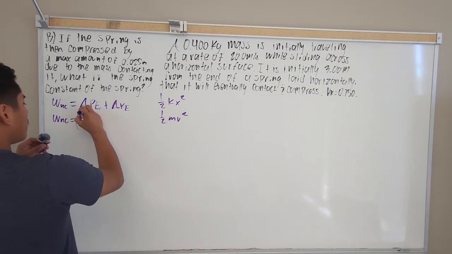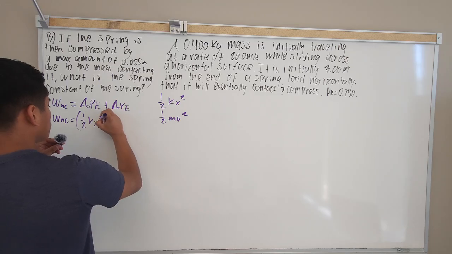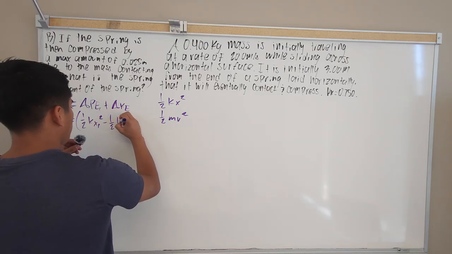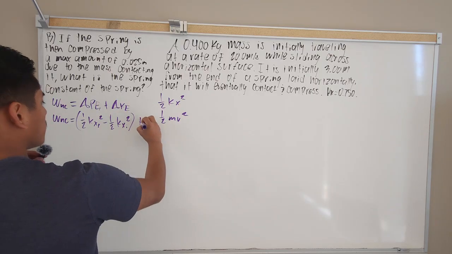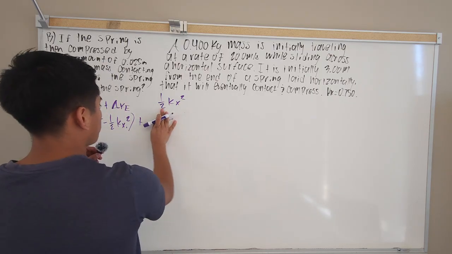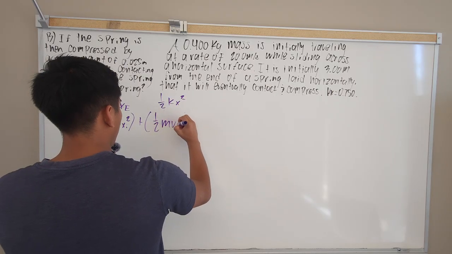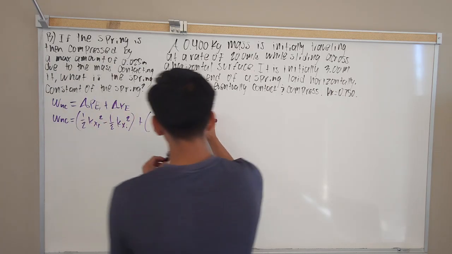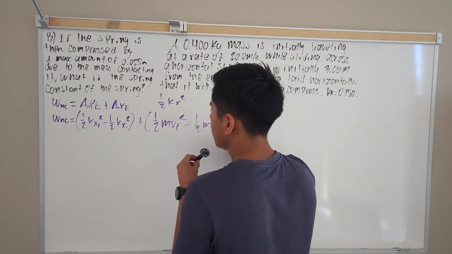We have 1/2 kx final squared minus 1/2 kx initial squared, plus 1/2 mv final squared minus 1/2 mv initial squared.